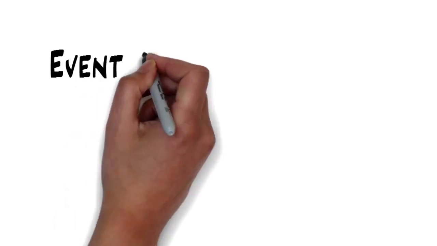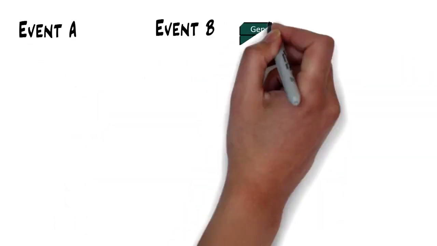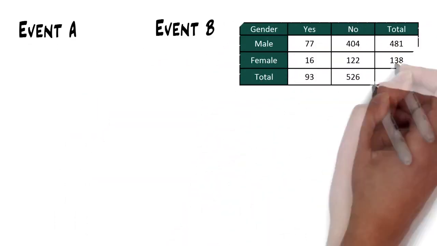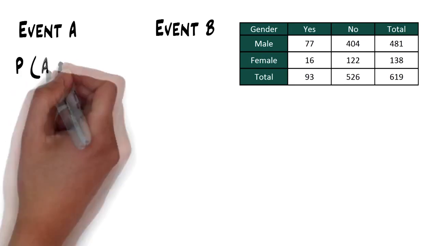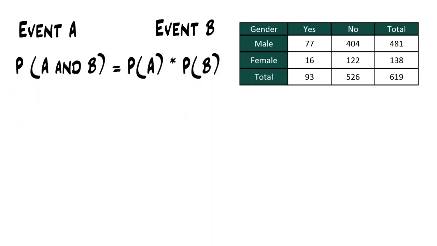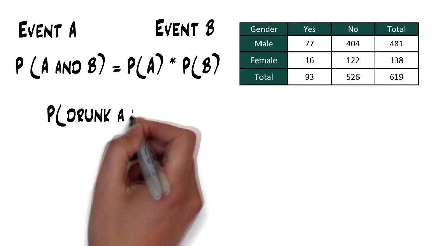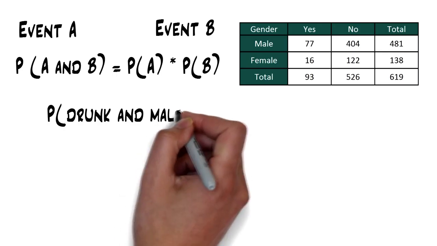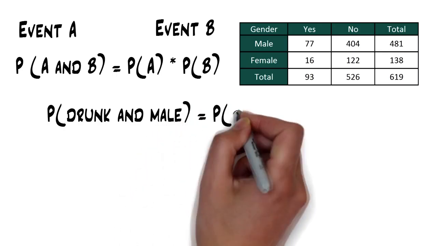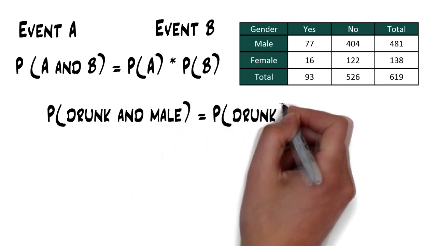If events A and B are independent, then the probability of A and B equals the probability of A times the probability of B. We use this rule for calculating expected counts 1 cell at a time. Applying the rule to the first top left cell, if driving drunk and gender were independent, then the probability of being drunk and male is equal to the probability of being drunk times the probability of being male.